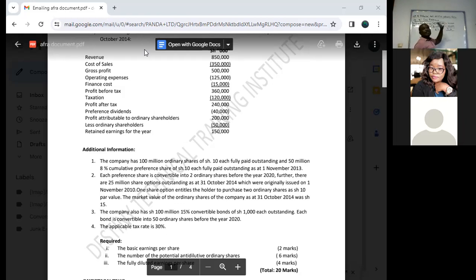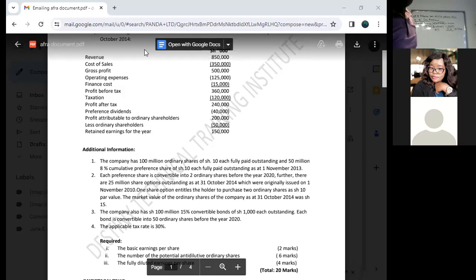When the denominator is high, expect a decrease. So you can indicate here dilutive. Remember, the examiner is asking for the anti-dilutive, so that one is not it.